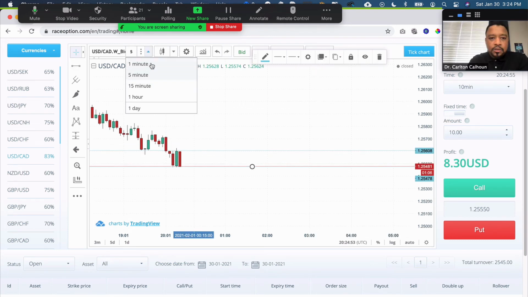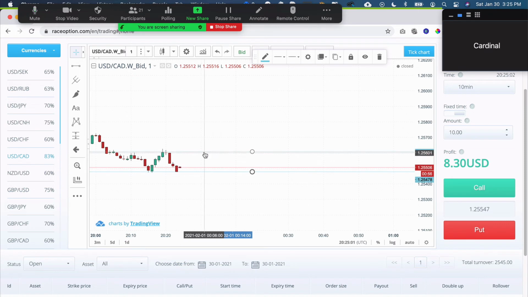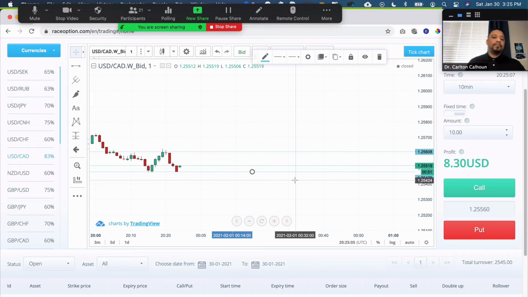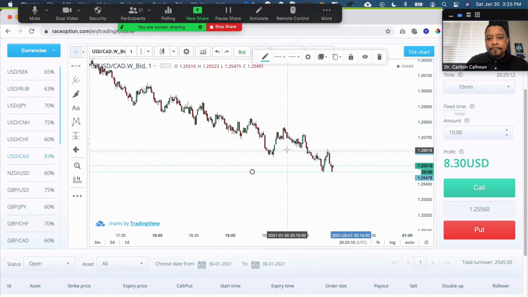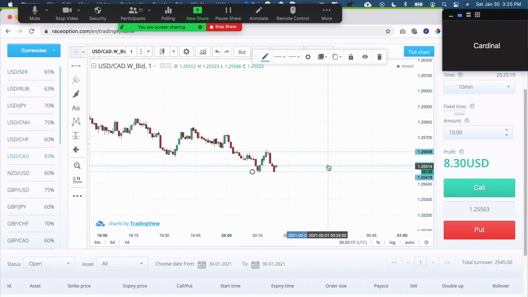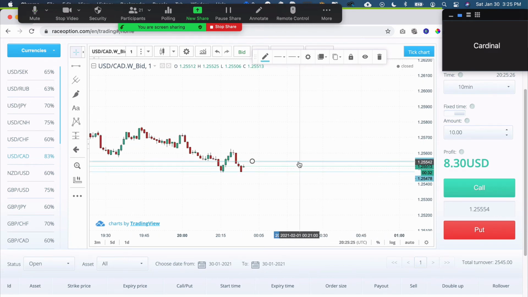Let's go down to the 1. There we go. If I can get price to come back to this area and reject, I would sell that. See the downtrend? So right in here. Okay.